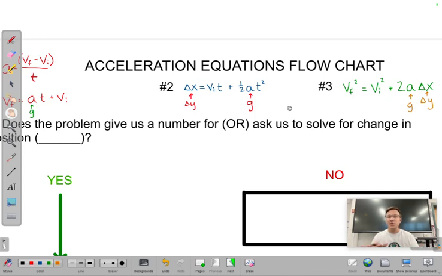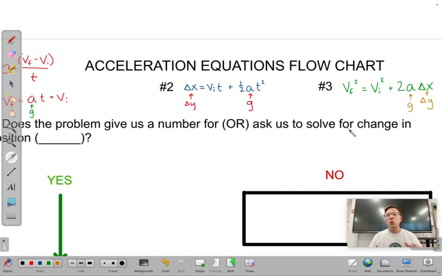Think x-axis, horizontal. If it was a vertical change in position, like something falling or something being thrown up into the air, that is where you would want to use delta y. Think x-axis, y-axis, right? So if it's vertical, we want to use delta y instead of delta x.